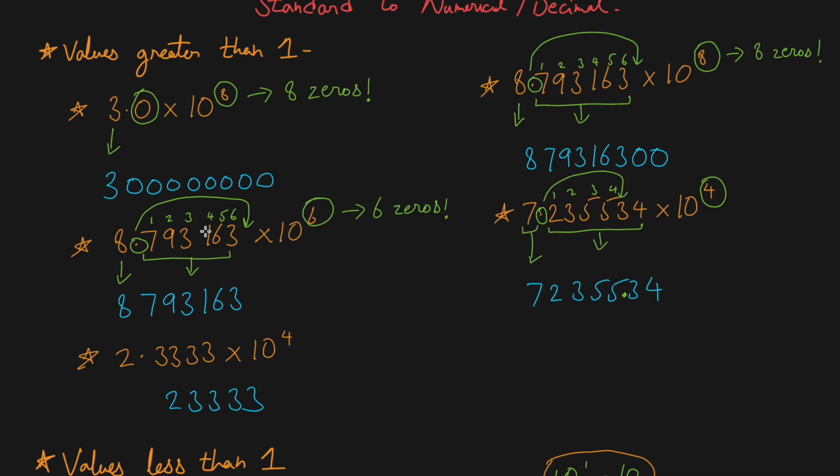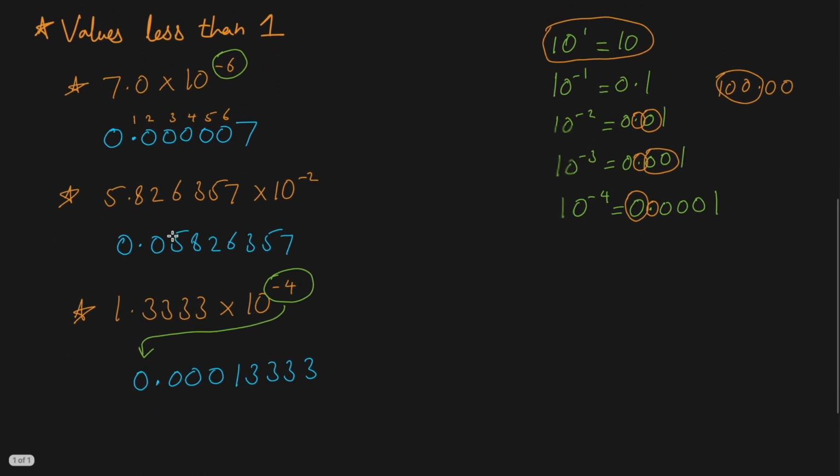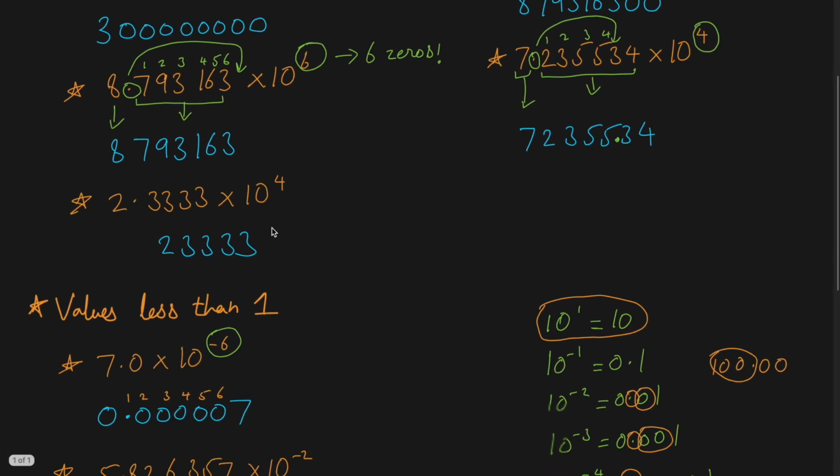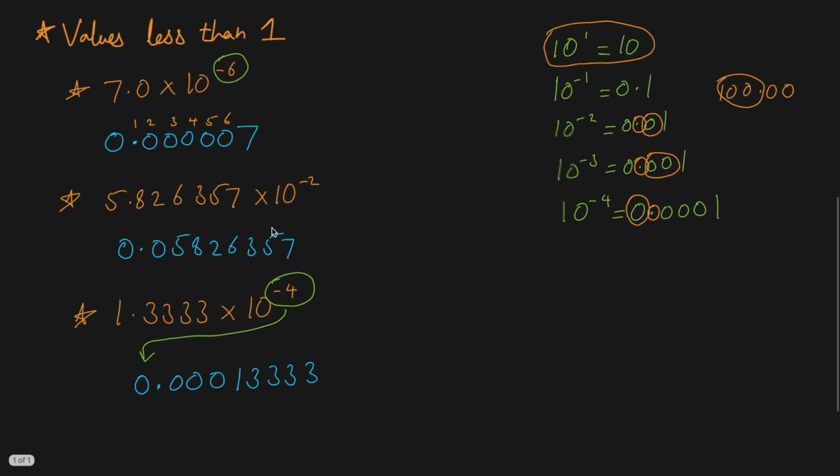But here we have 10's power minus 2, very small, compared to the other numbers, for example 5.826357. And we didn't encounter such problems only because these examples are purely on values already in their standard form, or more accurately, in scientific notation form. So that's why we didn't encounter this kind of problem.